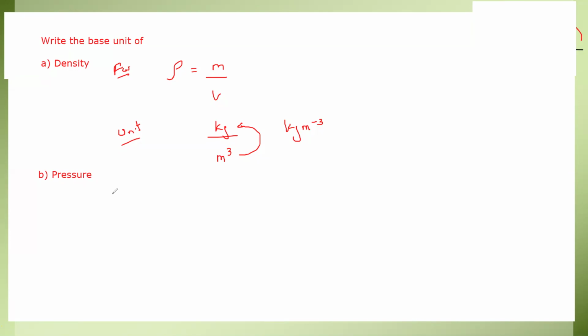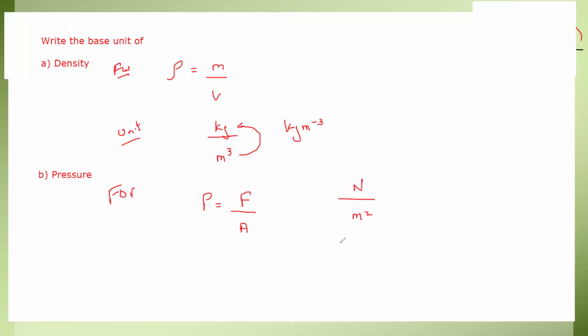So if you want to find it, first we write a formula. The formula for the pressure is force acting on unit area. So force divided by area. Then we write the unit. The unit of the force is newtons. And the unit of the area is meter square.